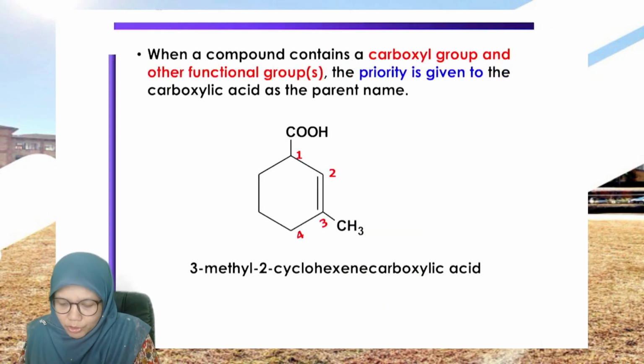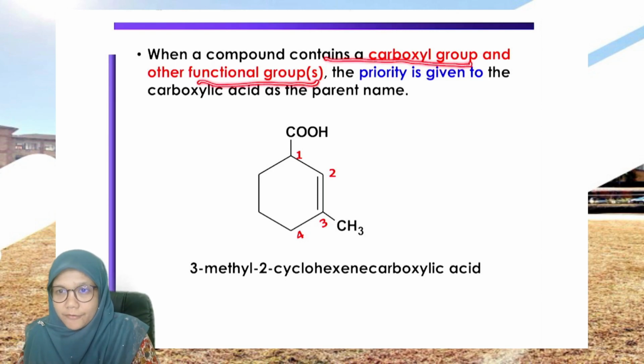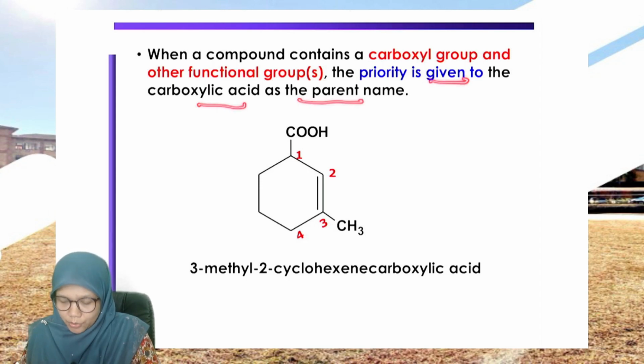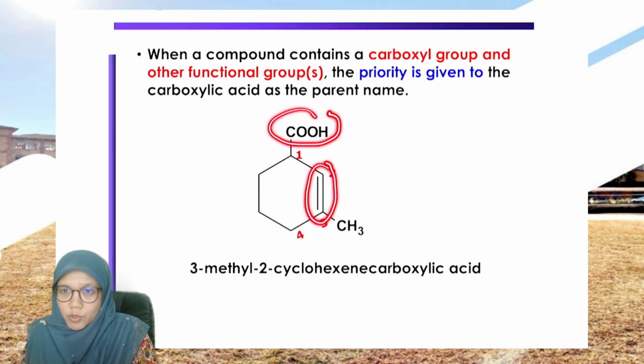When a compound contains a carboxyl group and other functional groups, the priority is given to the carboxylic acid as the parent. Example, we have carboxyl group and carbon-carbon double bond. So, priority is given to carboxylic acid.